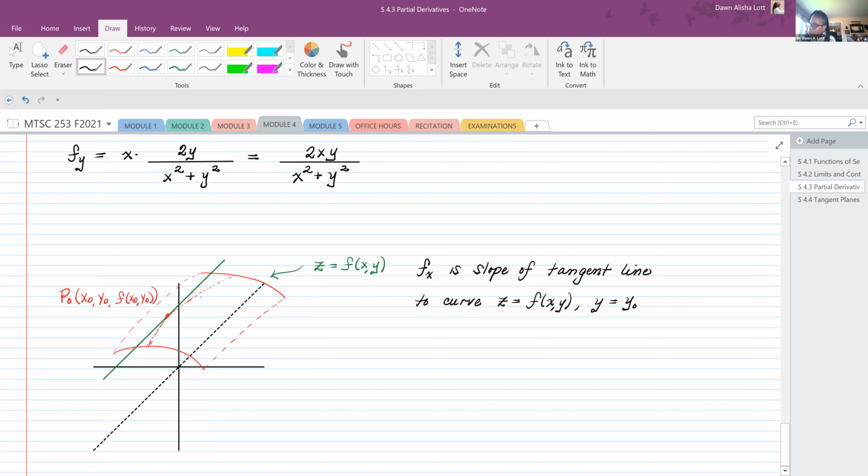So I'm over top of y being fixed to be y naught at the point P in the plane y equals y naught. Basically what's happening is I have some plane that comes through at y equals y naught and chops the surface. When it chops the surface, it makes this dotted line here. And then I can draw the tangent line at that point.